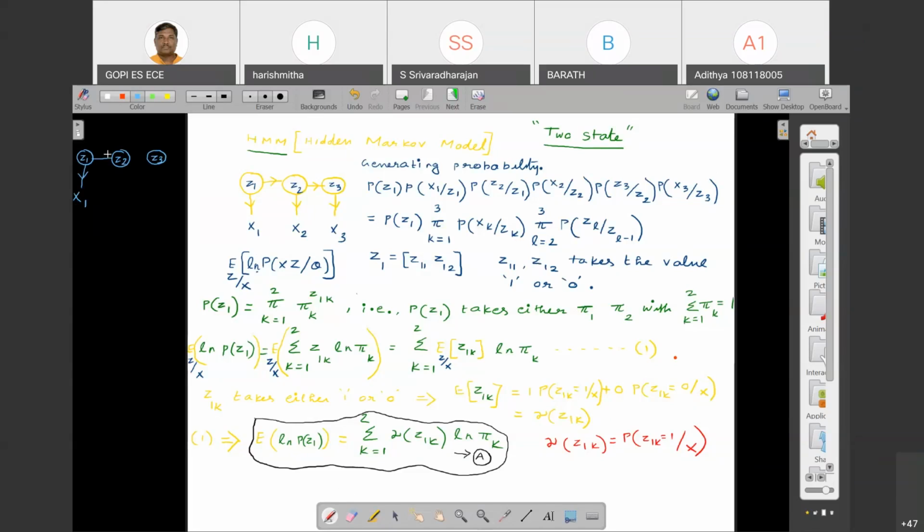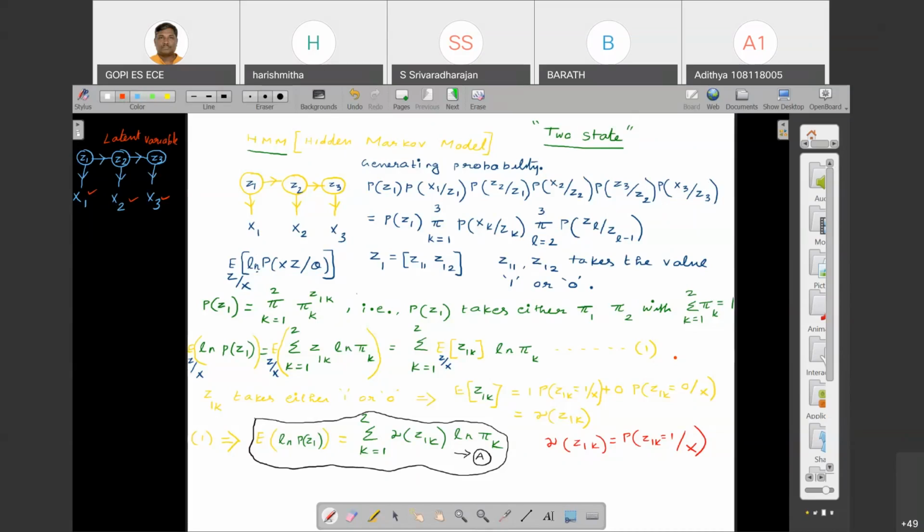The state changes from z1 to z2, and then the vector x2 is generated from z2, and there is a transition from z2 to z3, and the vector x3 is generated from that, right? So x1, x2, x3 are the actual vectors generated from this model, and z1, z2, z3 are what we call the latent variables.